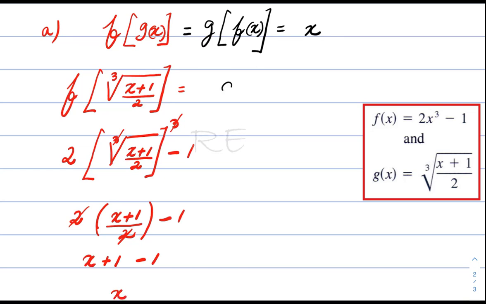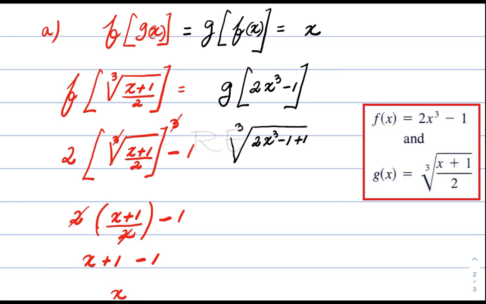Let's consider the left composition, g of f of x, and f of x is 2x cubed minus 1. So it's g of 2x cubed minus 1. Wherever we see x, we're going to replace it by 2x cubed minus 1.